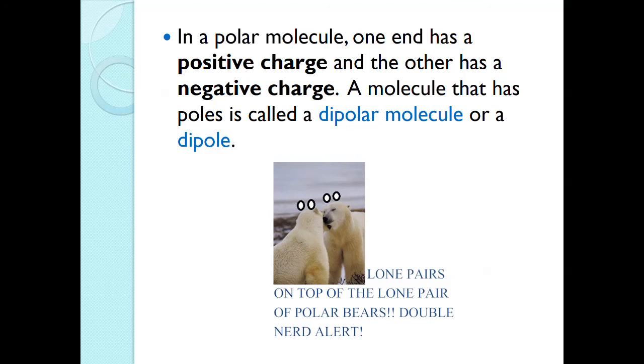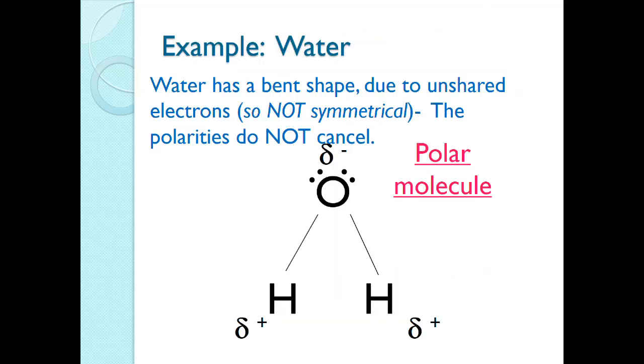A molecule that has poles is called a dipolar molecule or a dipole. Okay, which we can go back and look at water. So water, again, has a positive side and a negative side. So this would be considered a dipole.